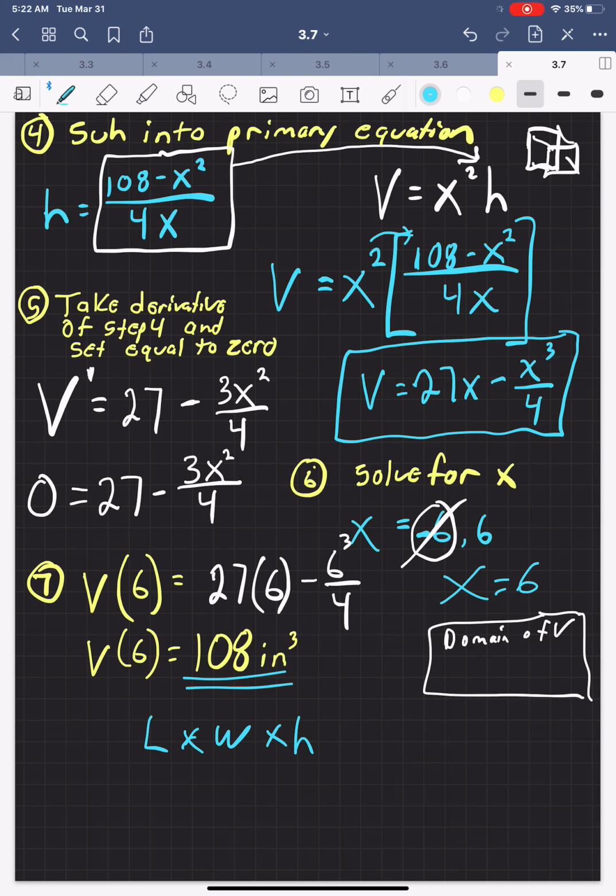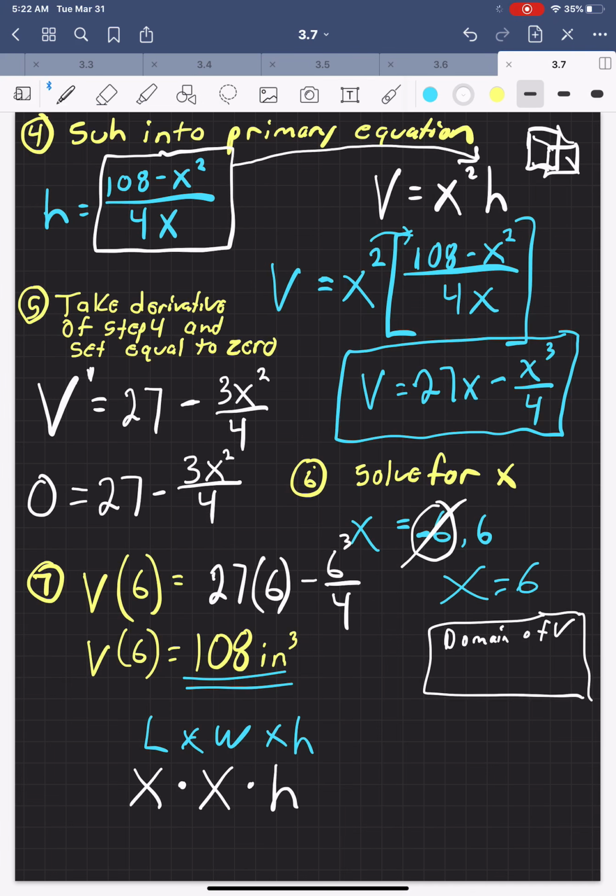All right, well, we can do that. So in our case, remember, it was x times x times h. I use dots instead of times symbols. So what are the dimensions?